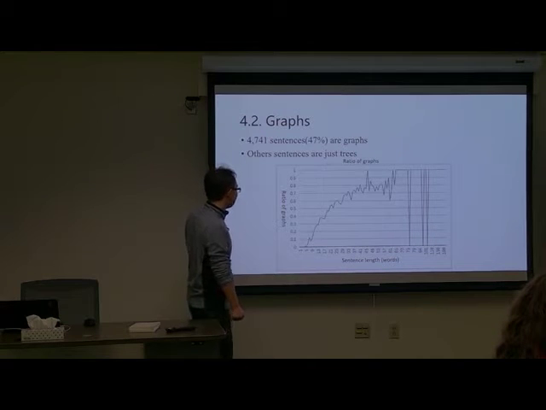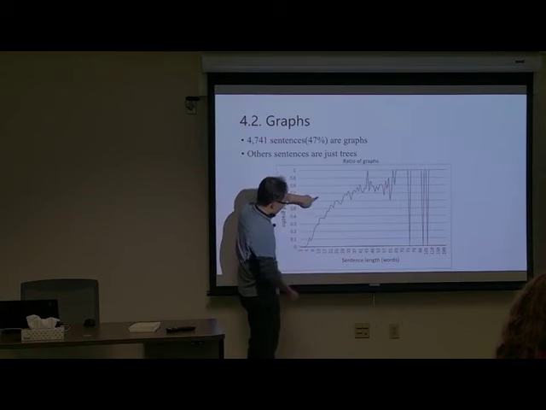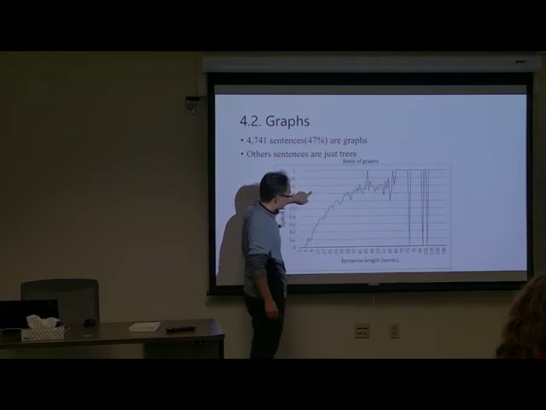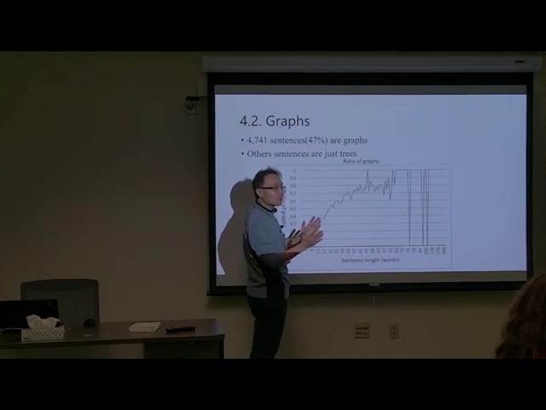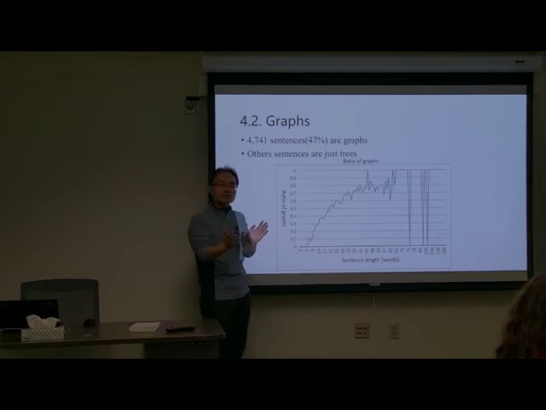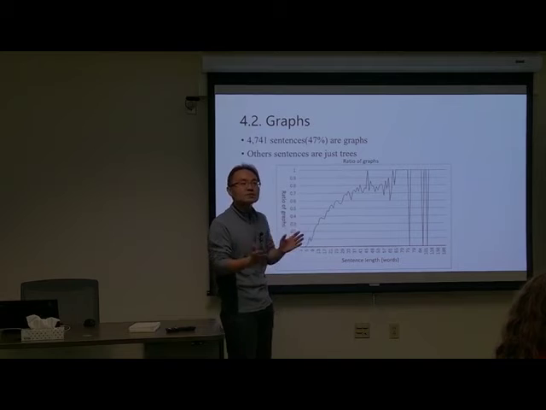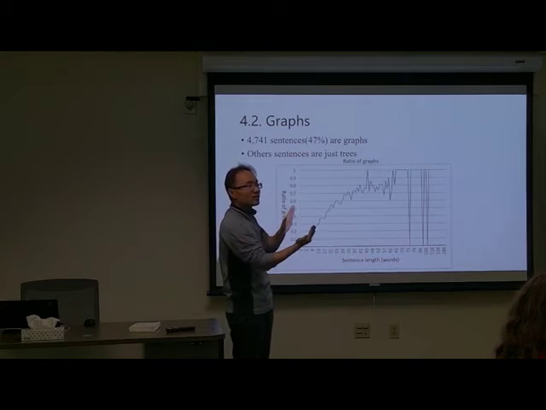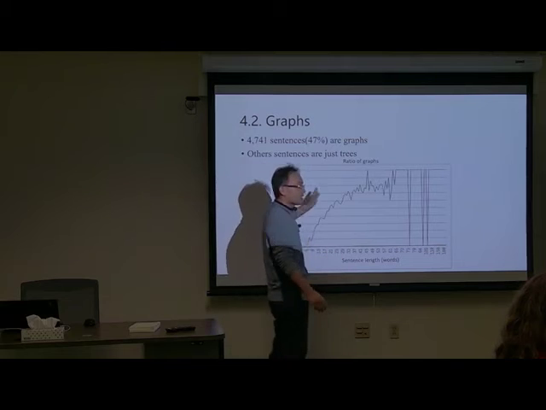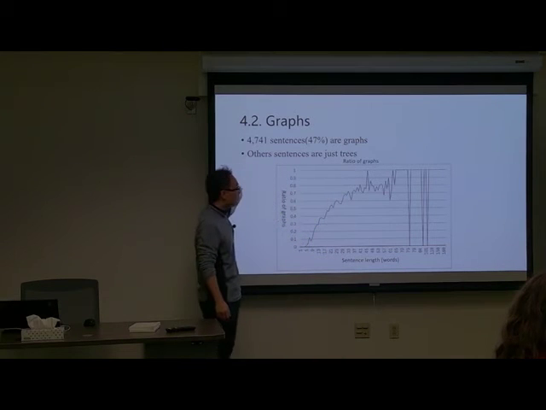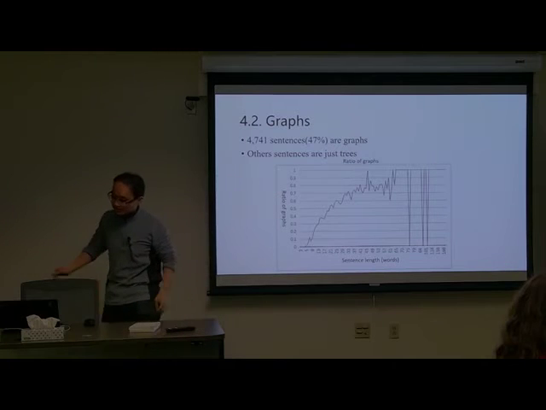So we can see that the traditional trees are here when the sentences are short. That's true because in the textbooks, all the examples are quite short, so they would not pay much attention to long sentences. When the sentence gets longer, they are all graphs.